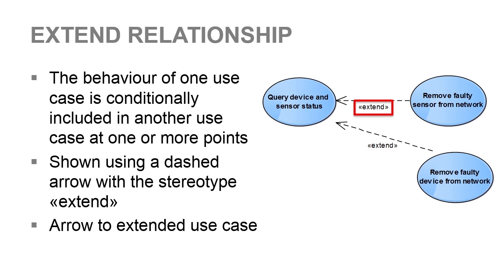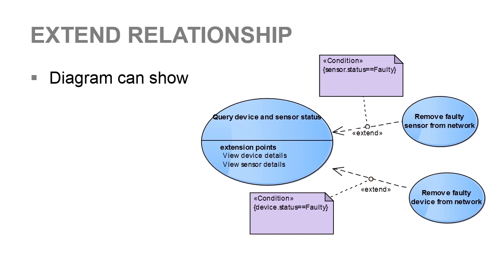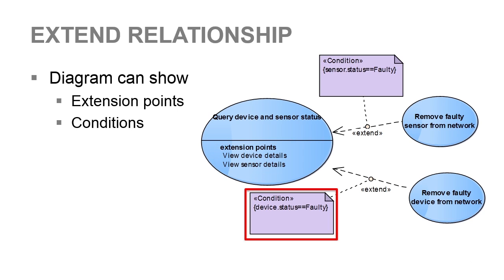The arrow points at the use case that's being extended. Additional information can be shown about the extend relationship. A list of extension points can be shown in a compartment in the use case, and the condition that controls whether the extending use case becomes part of the extended use case on a particular occasion can be shown in a constraint attached to the relationship.